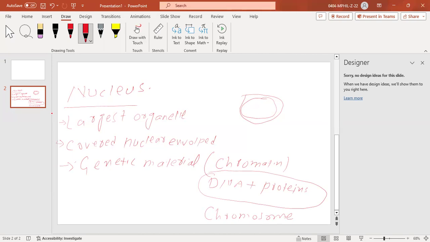Definitely, if it has a chromosome in it, its function is, because it is the brain of the cell, it has control of all the activities taking place in the cell. For example, it controls cell activities. Like what type of activities are taking place in the cell?